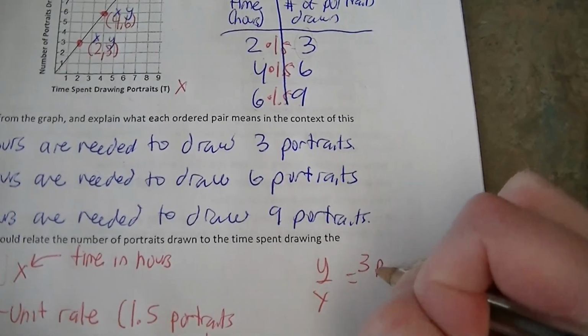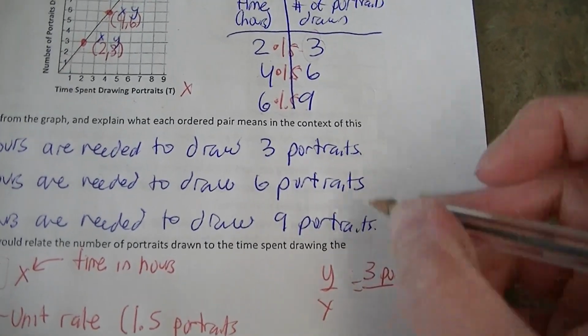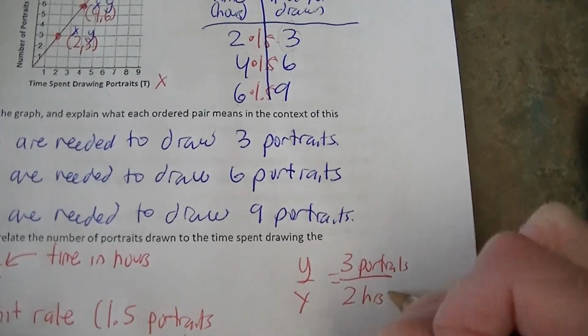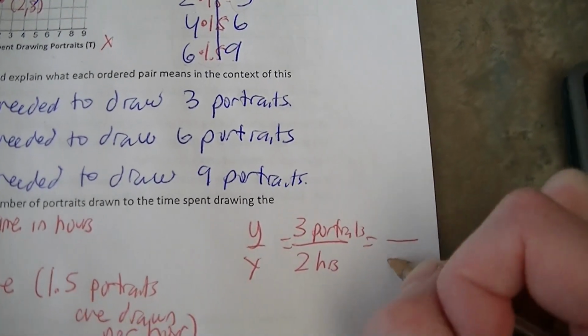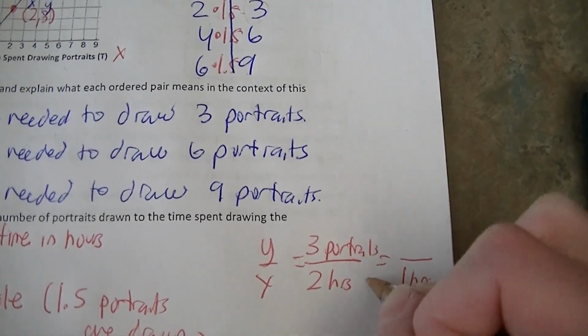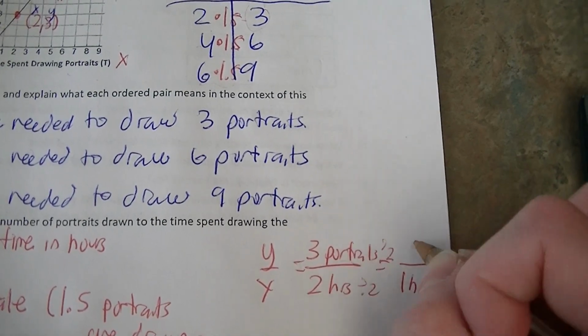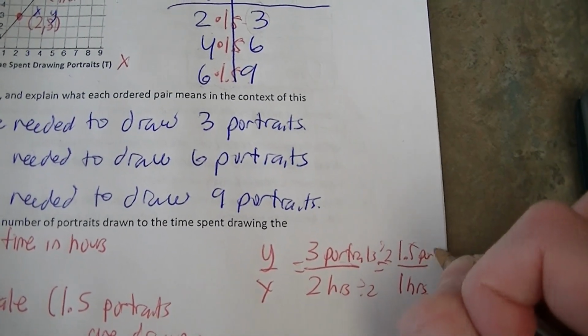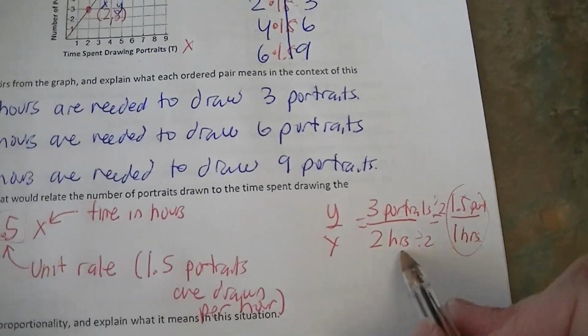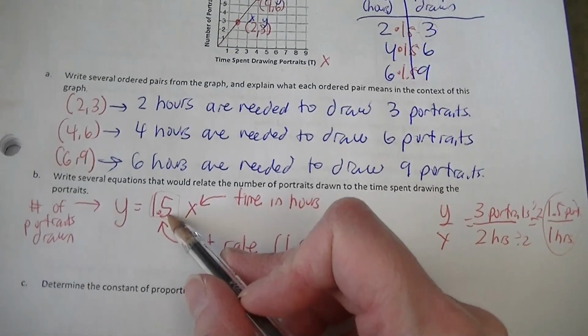So 3 portraits took 2 hours, and then set up your proportion. Divide by 2, 3 divided by 2 is 1.5 portraits. So see, we put that right there in the equation, okay?